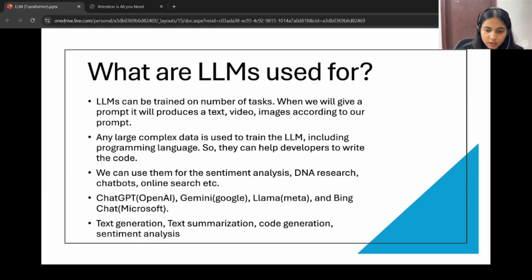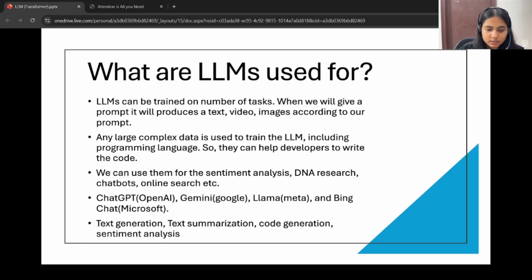If we want to learn something, it will provide us the information, but we have to write a proper prompt. It's also used on any large complex data, including programming languages. So they can help developers write their code. If we feed them a language like Java or Python, they'll be able to help us as developers.